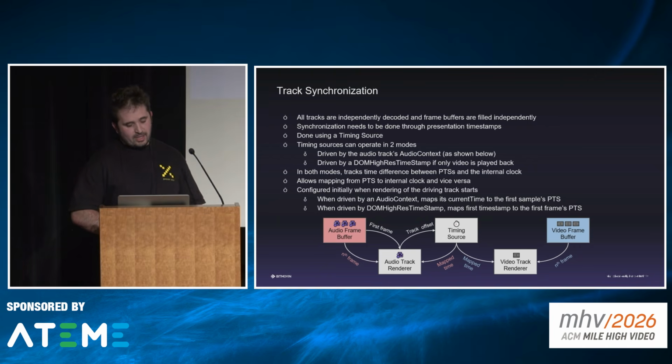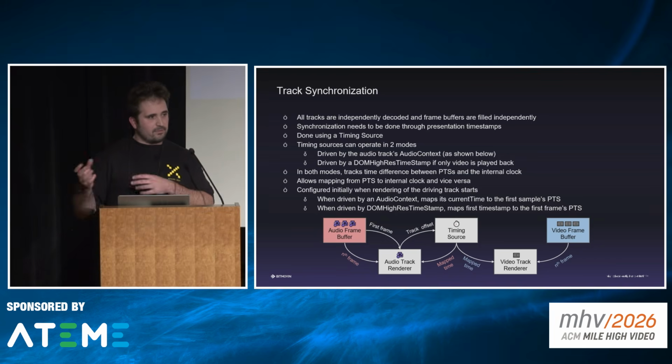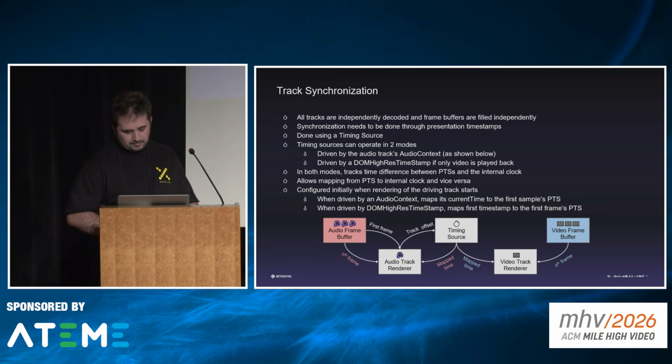But either way, whenever the first frames come in, we're going to use the PTS time from those and map that against our internal clock from the timing source. So now we always have a way to understand what the timing offset is between those PTS stamps. And that allows us to synchronize video with the audio.